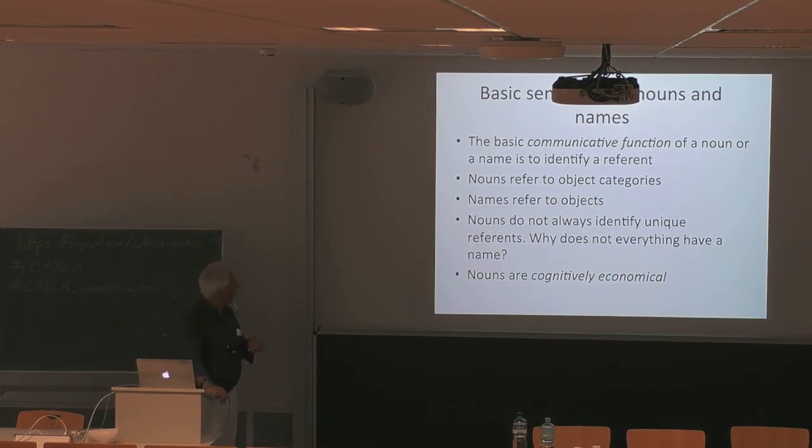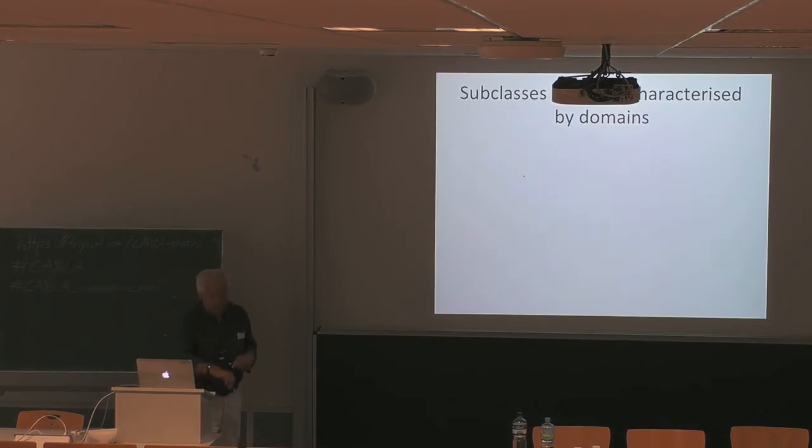Now, this will be my last topic here: how we can use the idea of domains to give subclasses of nouns. It hasn't been studied very much, and I can do a little bit of work here.